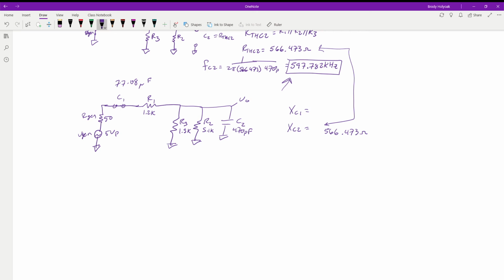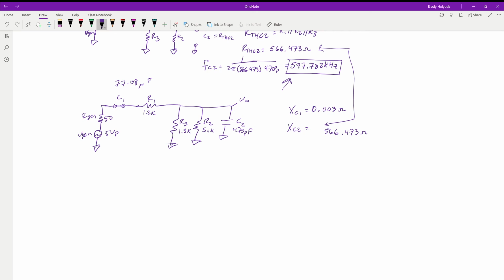And then our X of C1, if we plug this into the equation, so we have 2 pi times 597782. We multiply that by the 77.08 micro, so the frequency times our capacitance times 2 pi, take the reciprocal of that. This value is going to be 0.003 ohms, which is essentially the resistance of a piece of wire. So we're not even going to worry about that because it's so small.